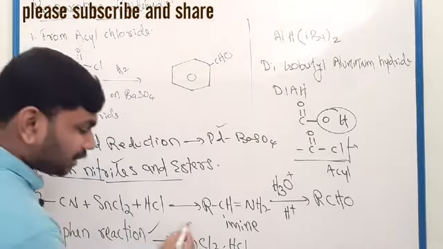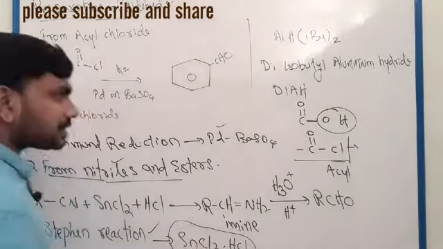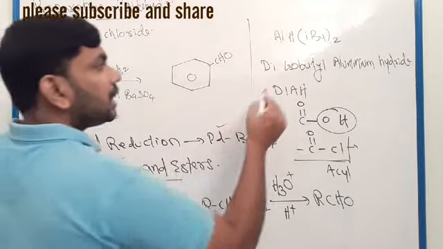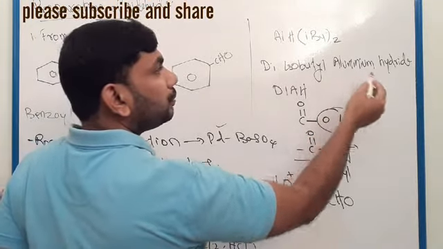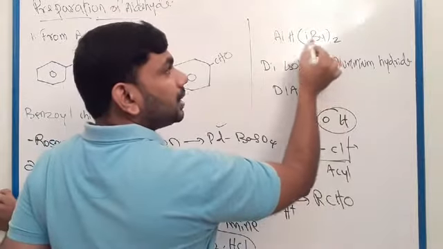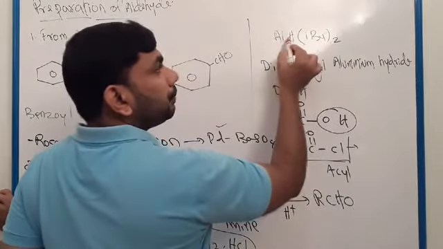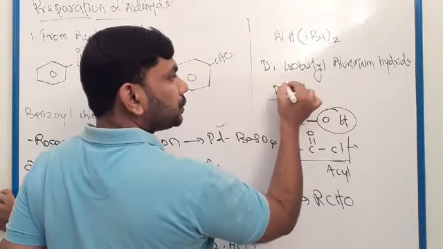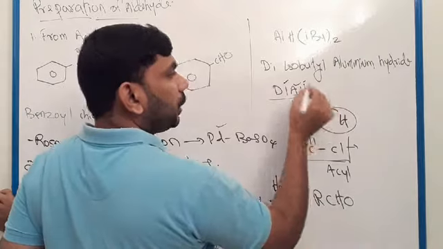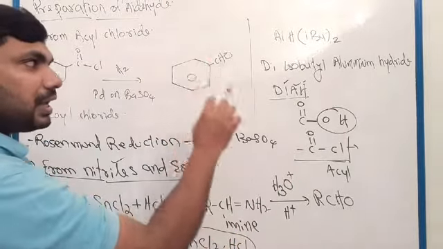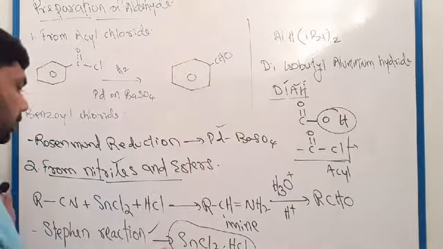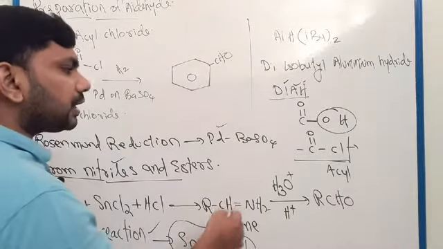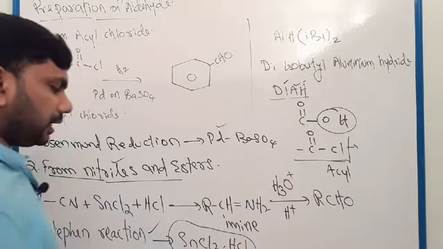Instead of SnCl2 and HCl we can use another reagent, diisobutyl aluminum hydride. In the presence of diisobutyl aluminum hydride, nitriles change to imine, and after hydrolysis change to aldehyde.